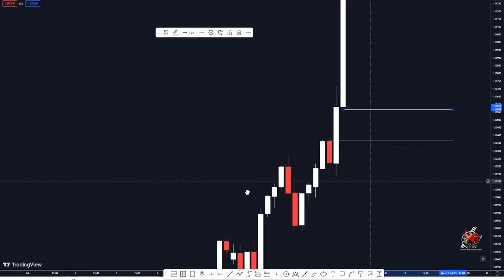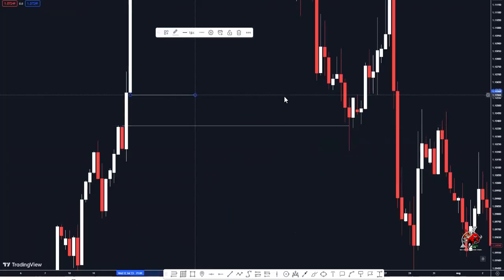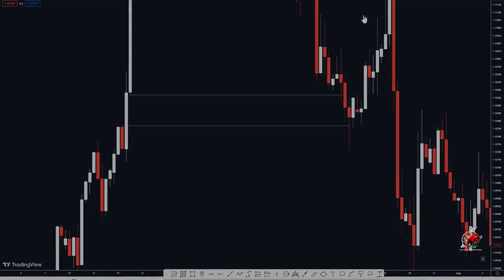When we take it to the side, the market has to come back and fill it in. The market did exactly that, came and mitigated our order block and then shot up. So that's how market inefficiency works.